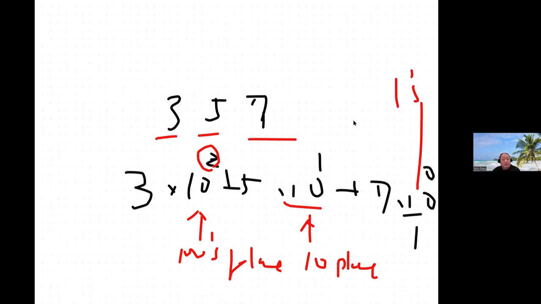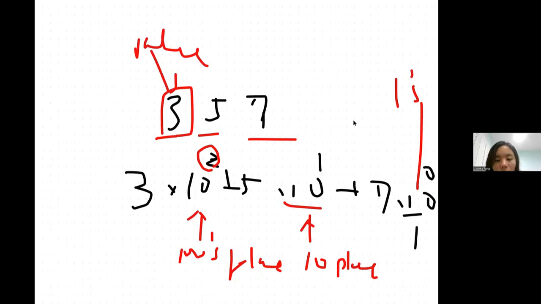And then 3 is the value of the place. Is that okay so far? This one we call a decimal system, base 10 system. That's the number we usually use.